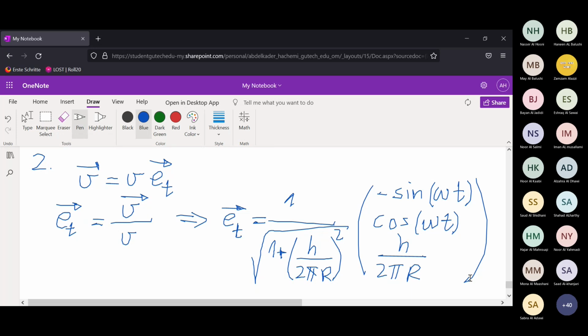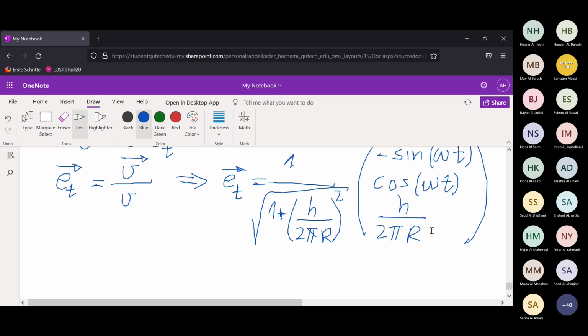This is the expression of the tangential unit vector or the basis vector.